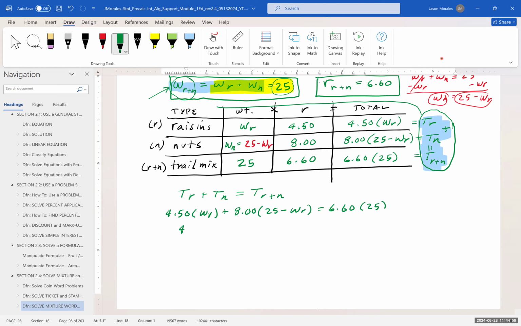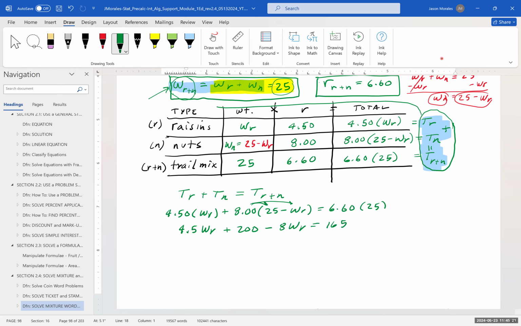So here we're going to have 4.5 times the weight of raisins and use the distributive property. 8 times 25 is 200 minus 8 weight of raisins. And 660 times 25 is 165.